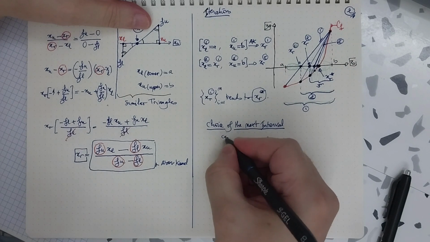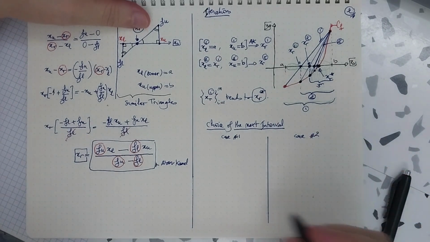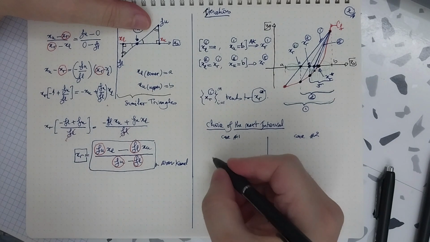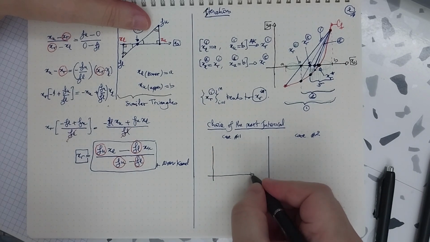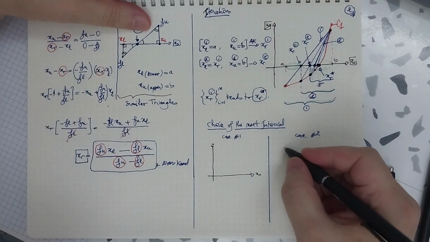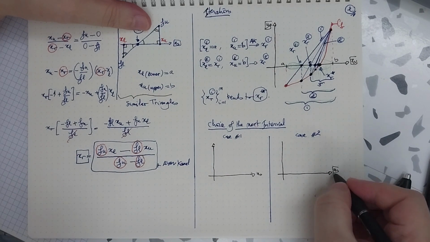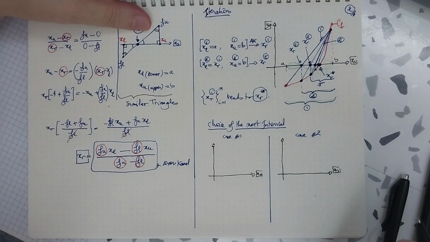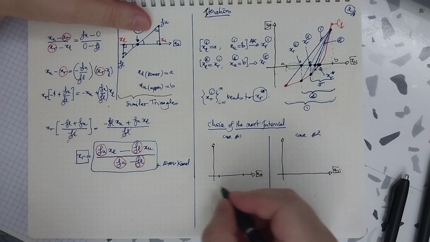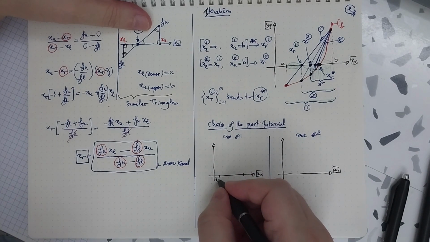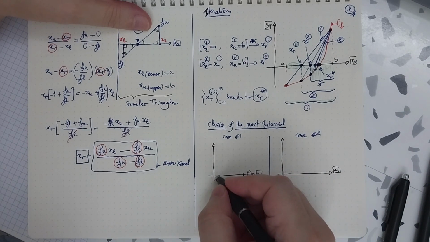Compare the two cases, case number 1 and case number 2, and let's try just to draw the two axes, and the y-axis, and choose XL and XU at the ith iteration.